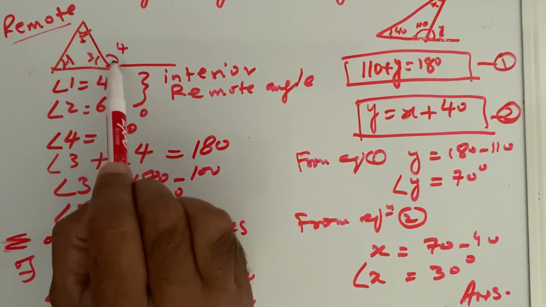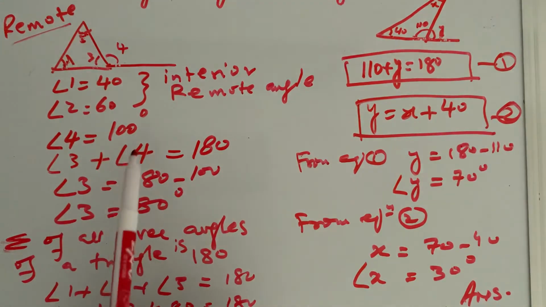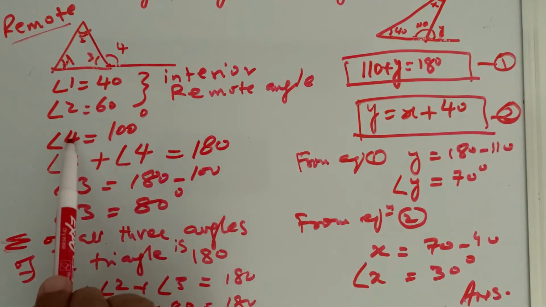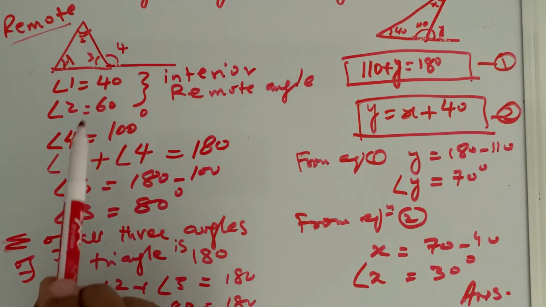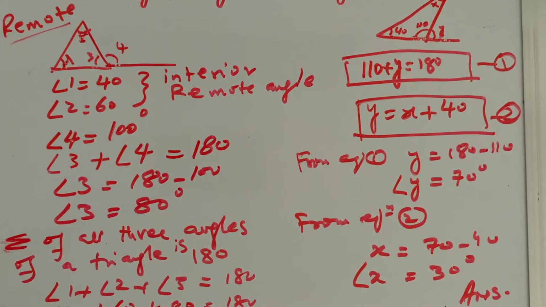That is, angle 4 equals angle 1 plus angle 2, which is 100 degrees, right? I am revising it 2-3 times so that while you are viewing the solution of this question, you can have all these theorems in your head, right?